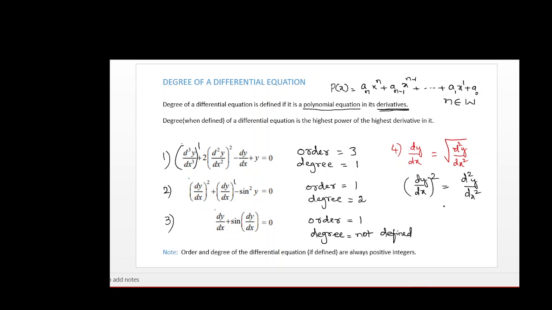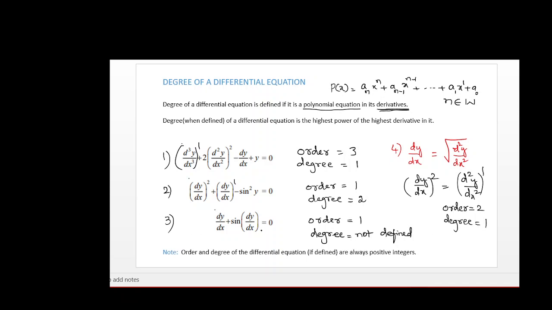Now the degree will be defined. Here the order is the highest derivative, which is 2, d^2y/dx^2, right? And what is degree? Degree is nothing but the power of the highest order derivative. So here it is 1. So the degree of this differential equation is 1. I hope it is clear to you.